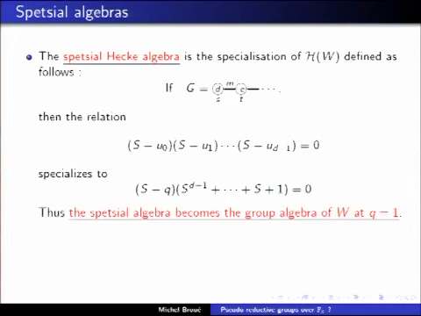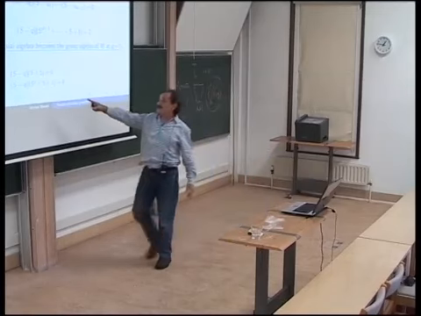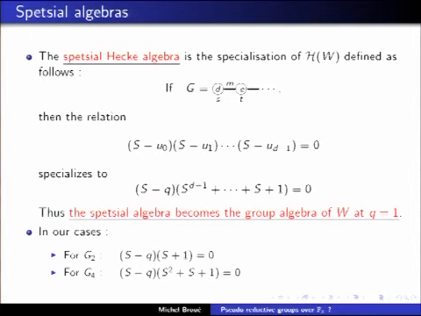Let me notice two things. First of all, if you put q to be 1, you find the group algebra, so it's a deformation of the group algebra. And in our cases, of course, for G2 and for any Weyl group, you find the usual Hecke algebra, which is used with the principal series. For a non-Weyl group, you find another algebra, which in the case of G4 is this one, and the recipe is rather clear.